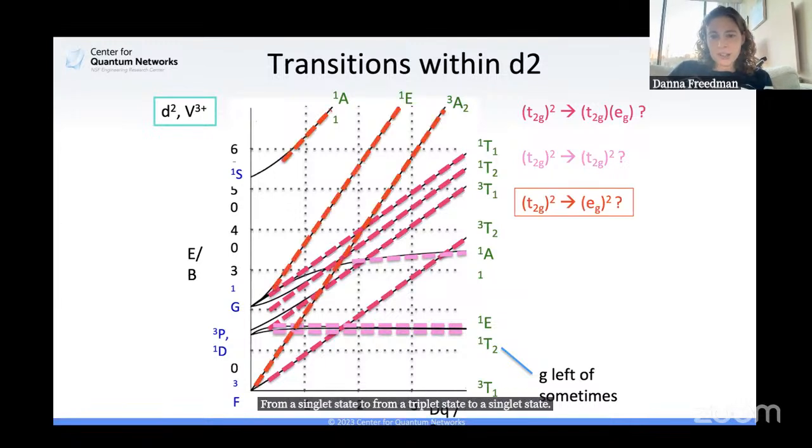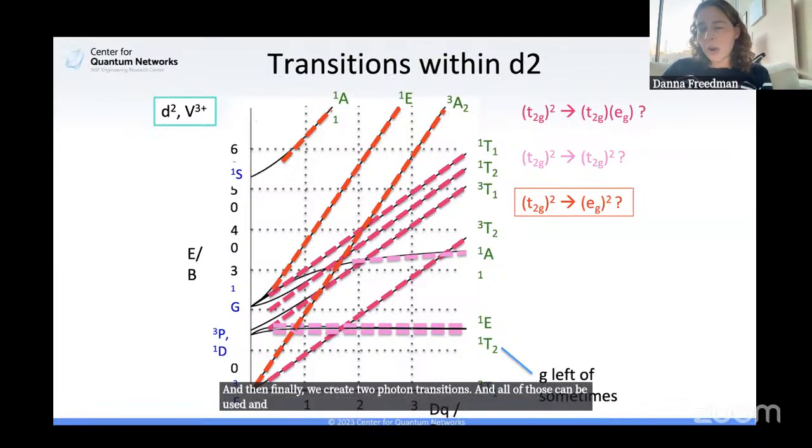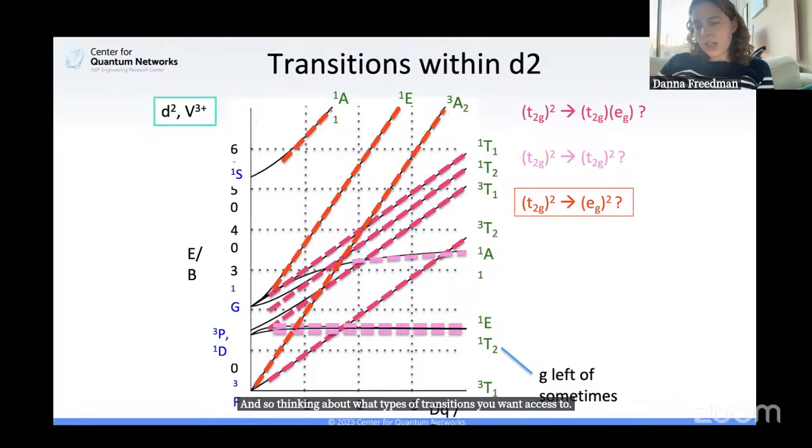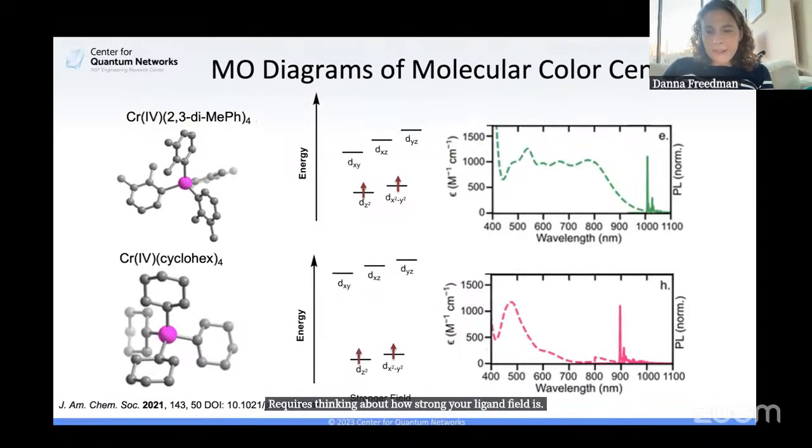And then finally, we create 2 photon transitions. All of those can be used and controlled in different ways in idealized systems. And so thinking about what types of transitions you want access to requires thinking about how strong your ligand field is.